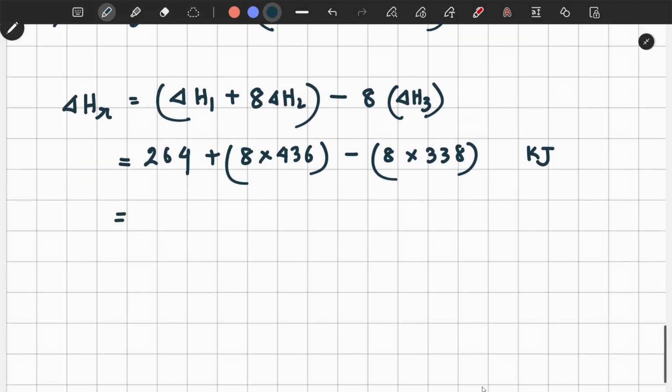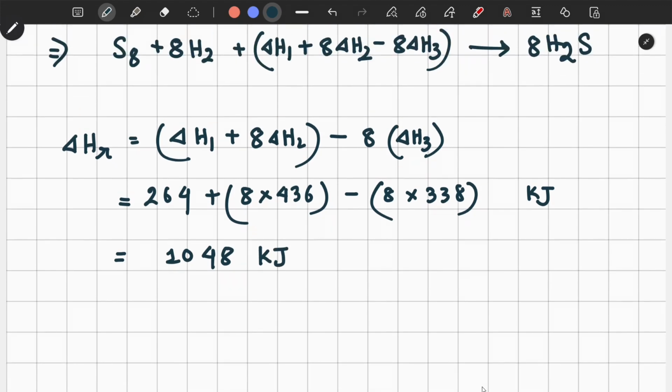This is for 1 mole; it was for 1 mole. Now you have multiplied with the 8, so this is for the reaction. So only kilojoule will be there, not kilojoule per mole. It is clearly positive. This answer came to 1048 kilojoules. So it's positive, correct?